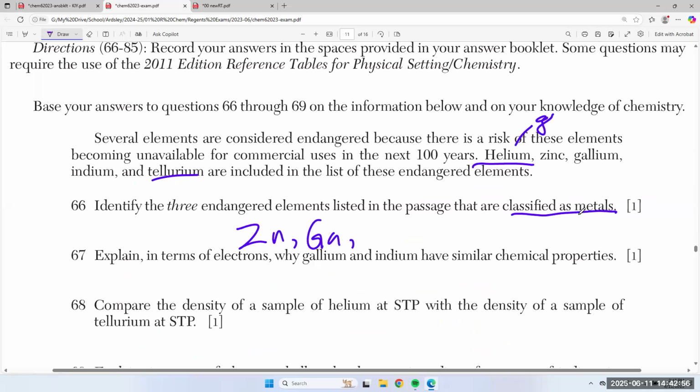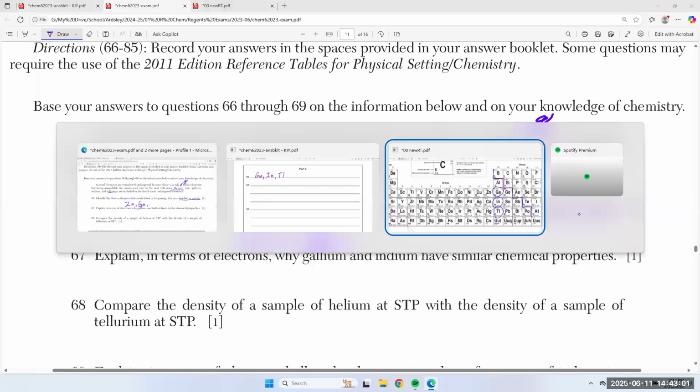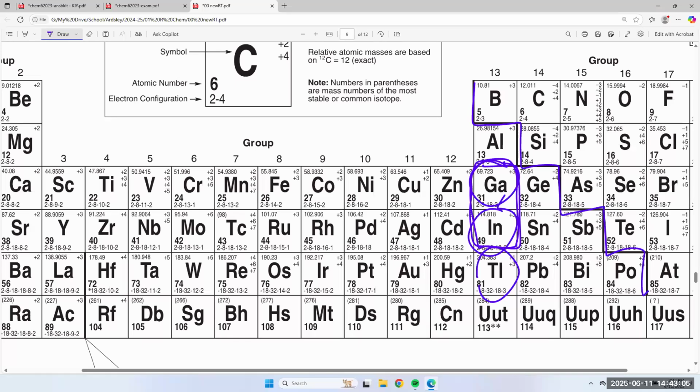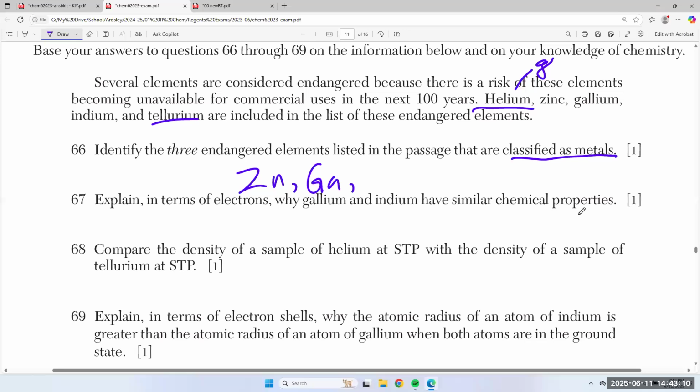Explain in terms of electrons why gallium and indium have similar chemical properties. Hello? Gallium and indium, they're in the same what, kids? Same group, same family. So what do we know about their electrons?